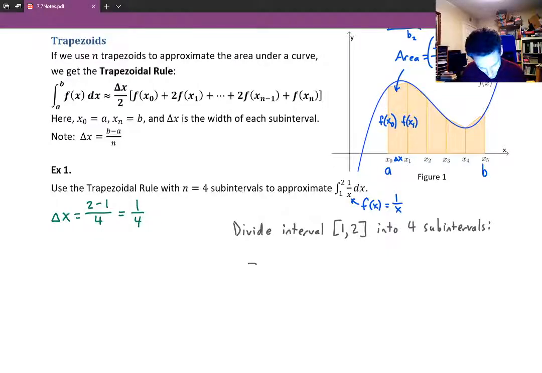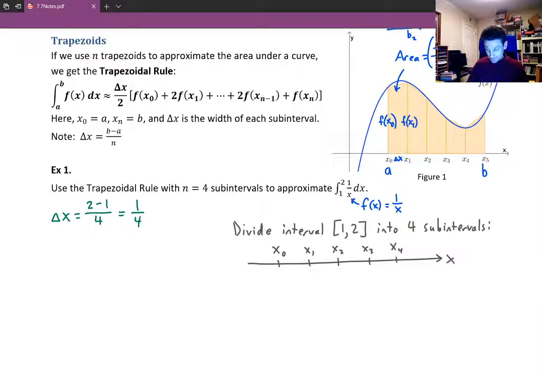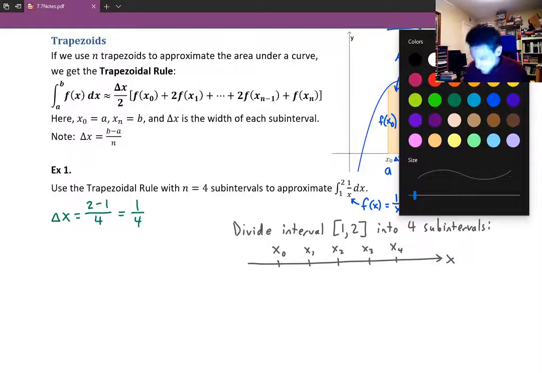Make sure I got this organized right. So the first x value, x naught, or x sub 0, we can write here, and then we're going to get x sub 1, x sub 2, x sub 3, and x sub 4. There we go. And we're going to make a row that represents the x values.